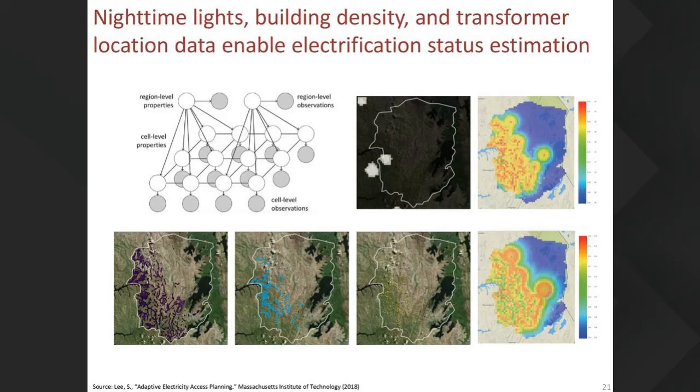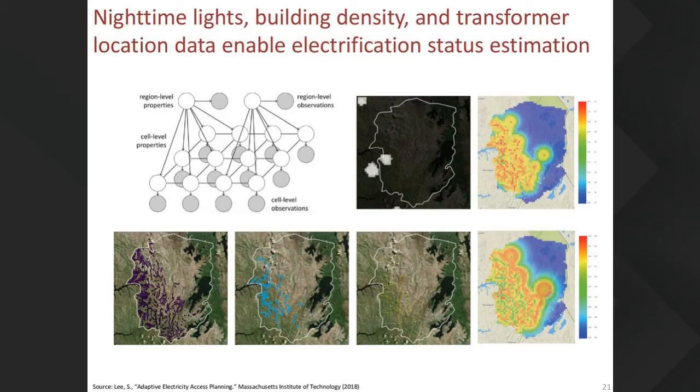So we divide our geographic area into cells, and we can collect observations at both the region level and the cell level and try to combine them to form a body of auxiliary data, with which we can map from the sparse survey data that we do have, and learn a function from this data that we have lots of to some information that we only have a little bit of that we really want to get.